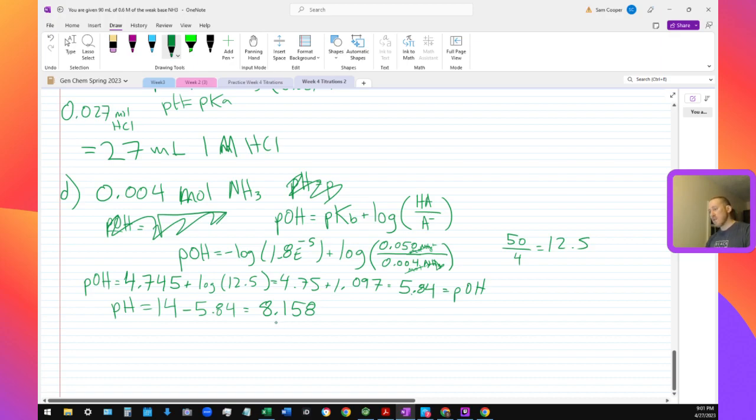There's still some ammonia there, and ammonia is much better at being a base than ammonium is at being an acid. They're both weak, but this is a better base than this, which is a worse acid. So it makes sense our solution is still a bit basic, right?